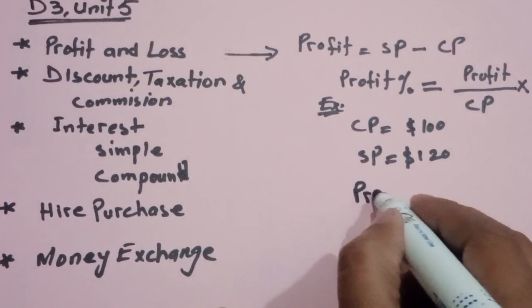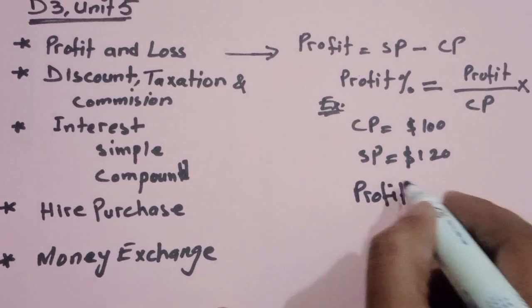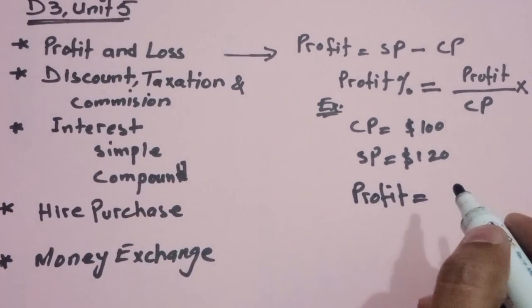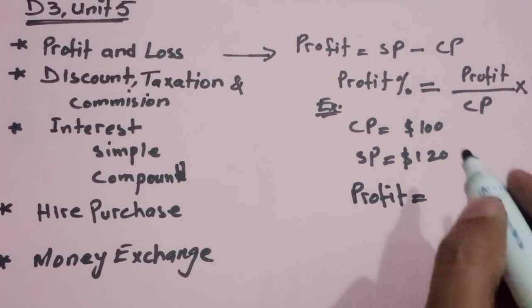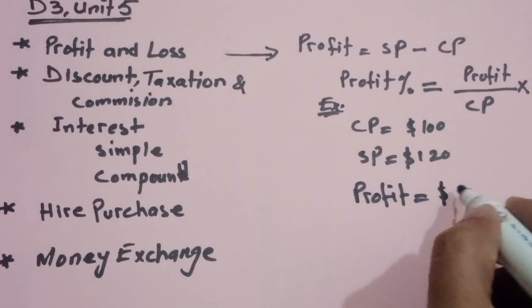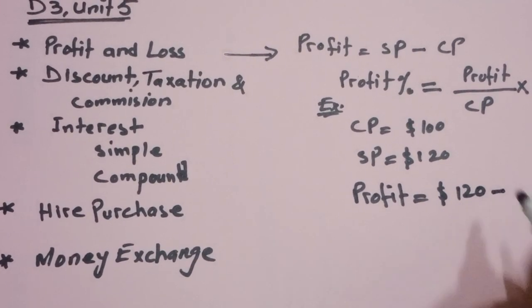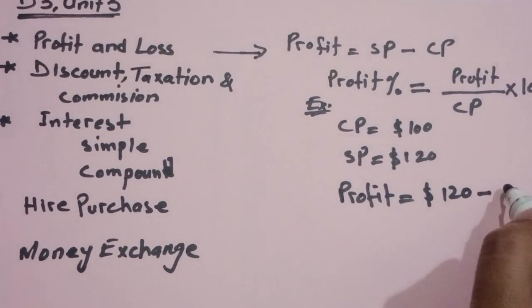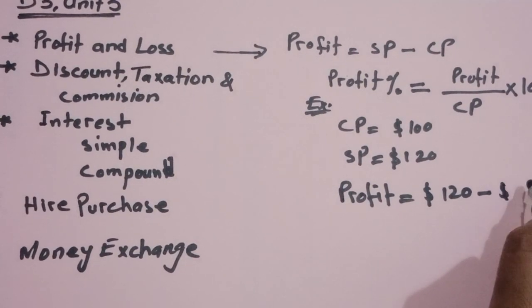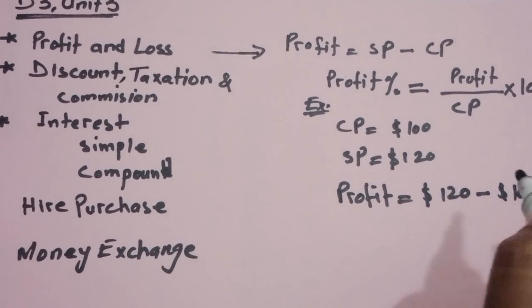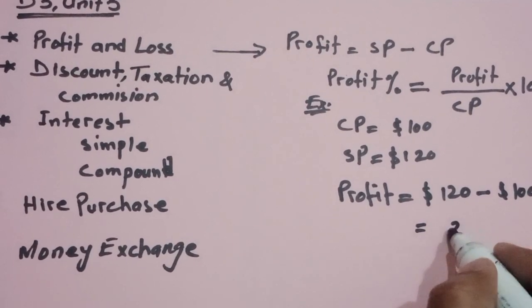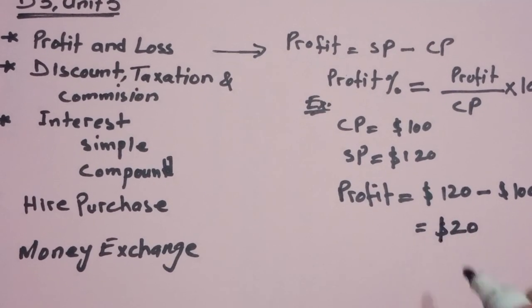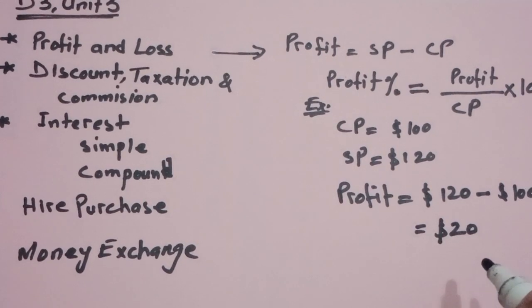The amount of profit is the sale price, $120, minus the cost price, $100. So the pure amount of profit is $20.